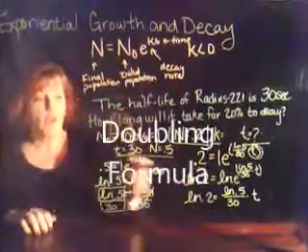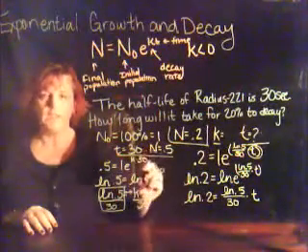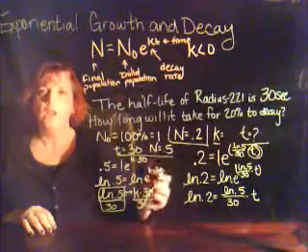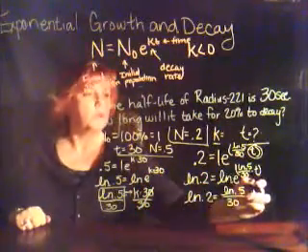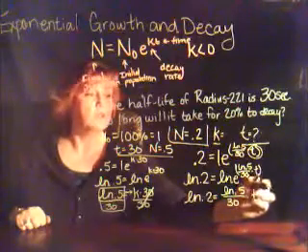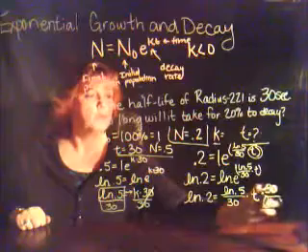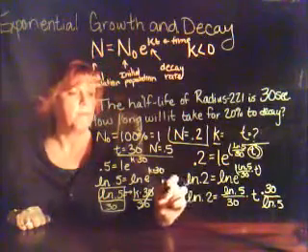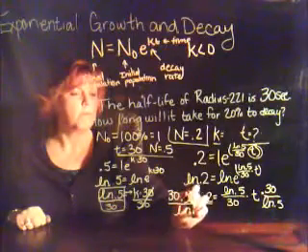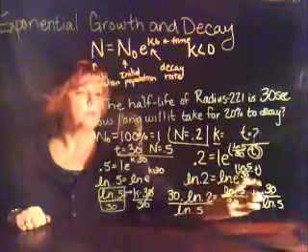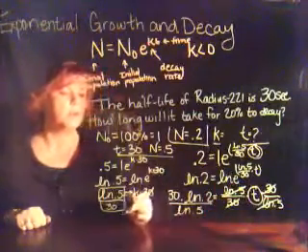T is being multiplied by a fraction. In order to clear that fraction and isolate t all by itself, I'm going to multiply by the reciprocal of that fraction. So I'm going to multiply, and I'm going to do it to both sides. So I'm going to multiply by 30 over the natural log of 0.5. Because these will cancel, and leave t all by itself.